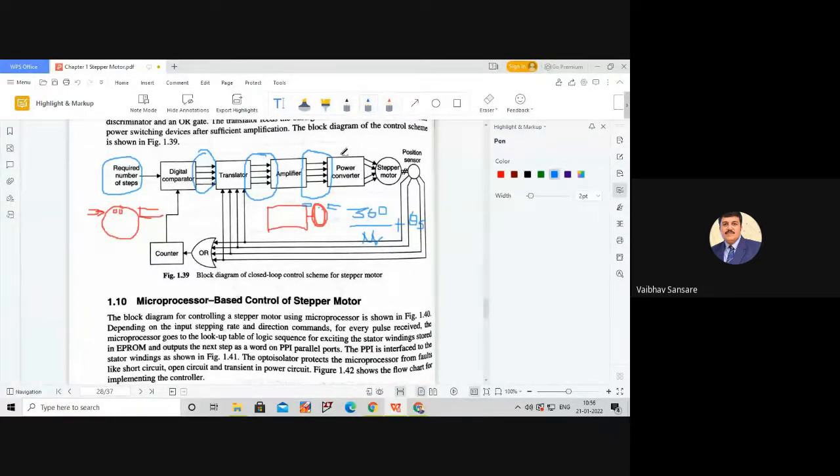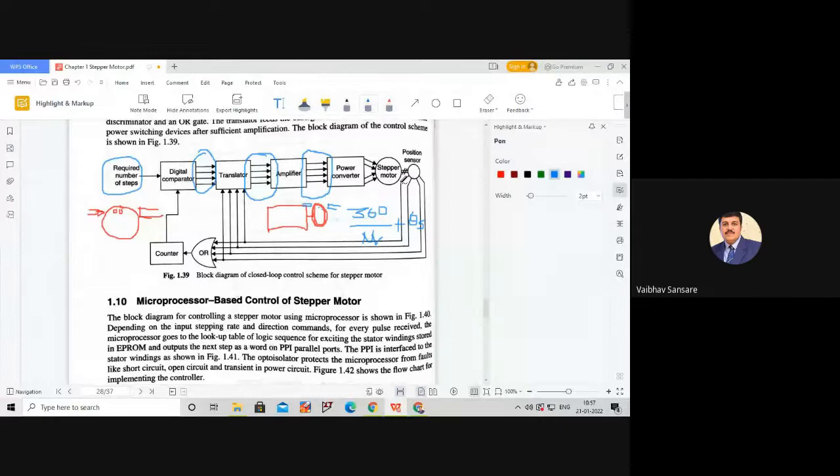This power converter is nothing but the excitation circuitry provided to each stator phase, which consists of certain power switches. These switches' gate circuits are excited through the logic sequence generated by the translator, and according to this logic sequence the particular phase excitation circuit will switch on, and then the motor runs with the desired step angle for the next step.